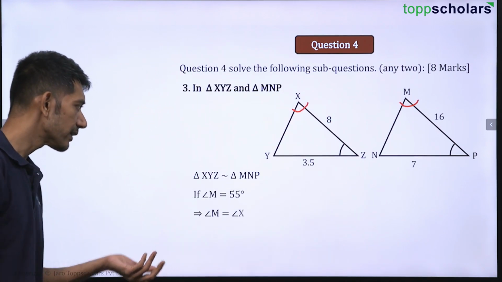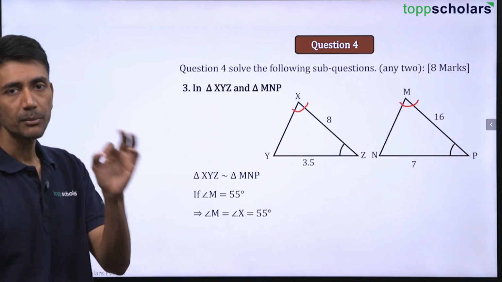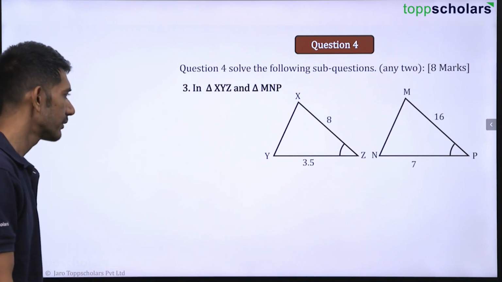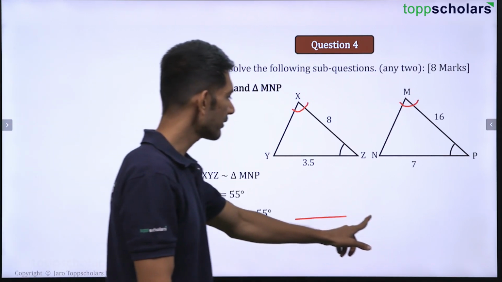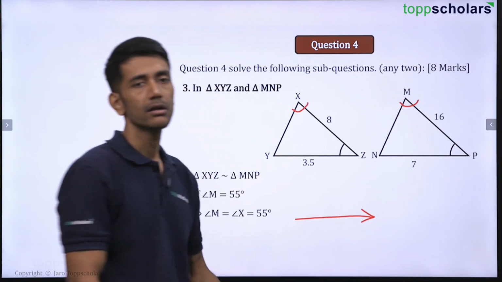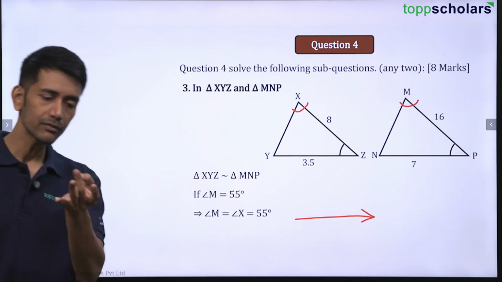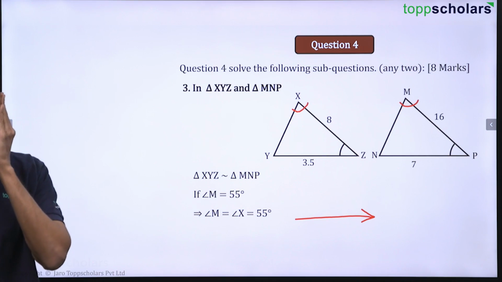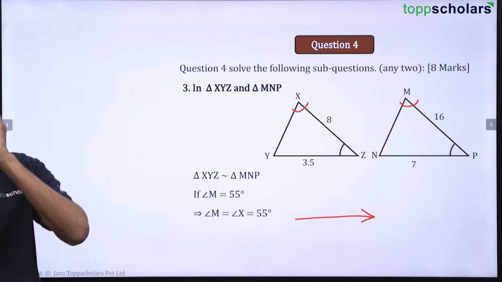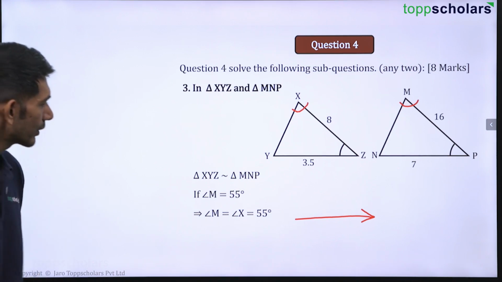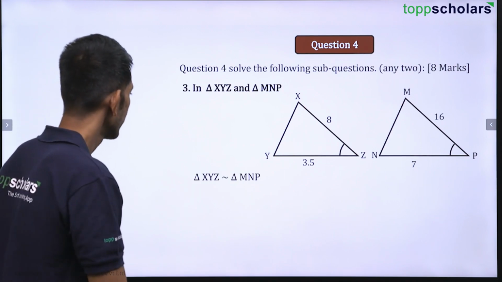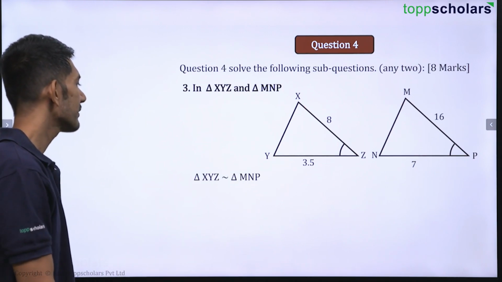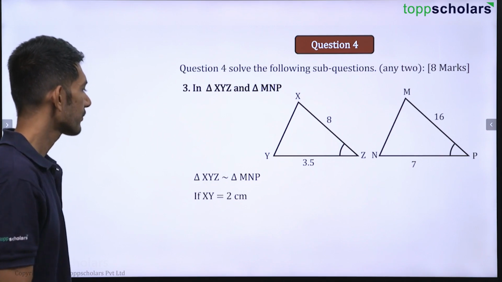Because we already know that corresponding angles of similar triangles are congruent, correct? Actually, there should be a reason here. The reason is corresponding angles of similar triangles are always equal. Okay, perfect. So this is triangle XYZ similar to triangle MNP.